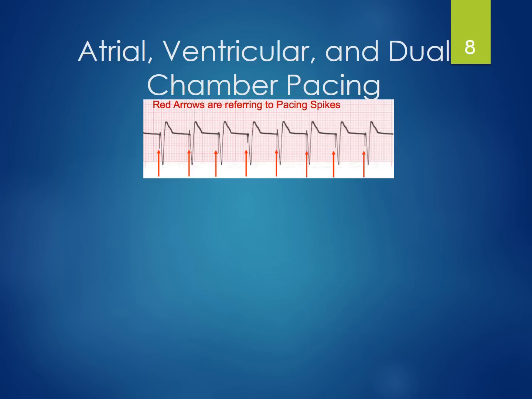So how can you tell which one is being paced? Well, remember, P waves are associated with the atria, and QRS complexes are associated with the ventricles. So a pacer spike followed by a P wave is in the atria, and a pacer spike followed by a QRS is in the ventricles.